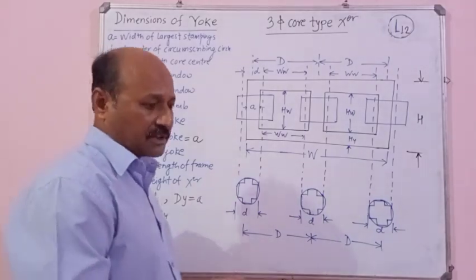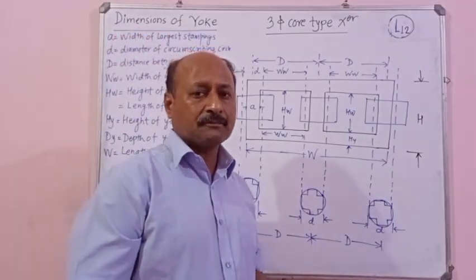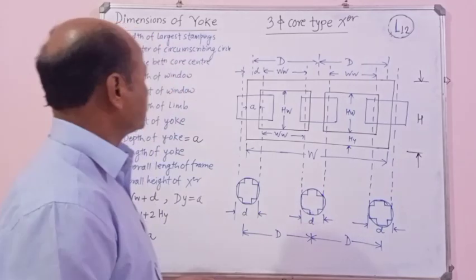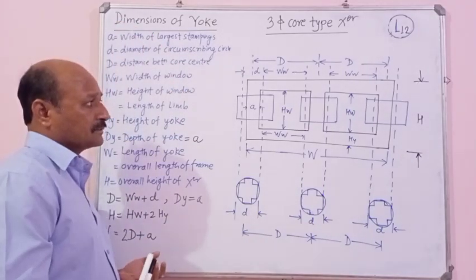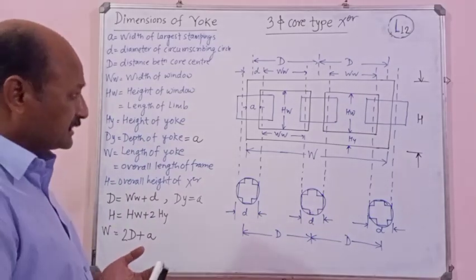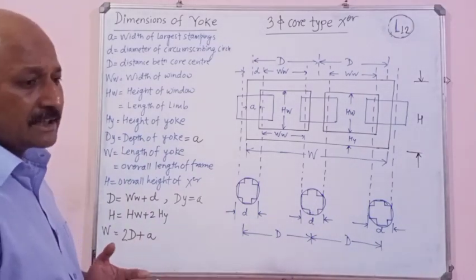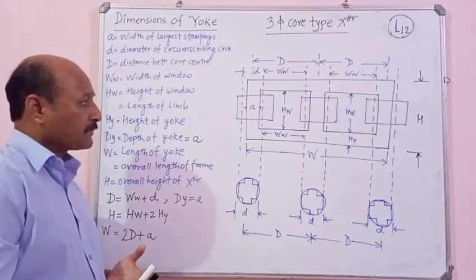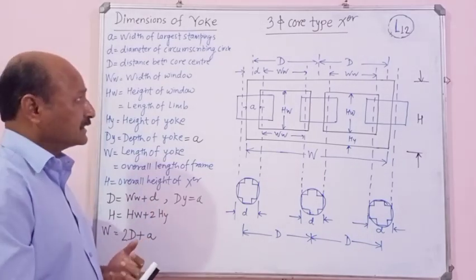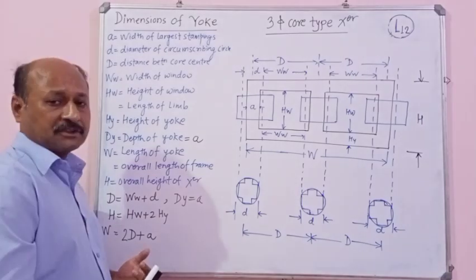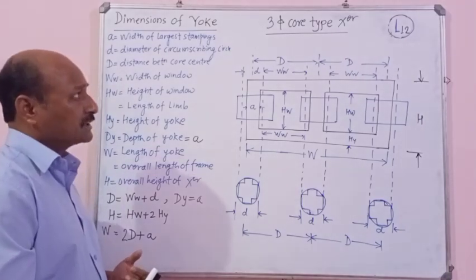First of all, we have seen the dimension of the core, and then we have seen the dimension of the yoke. So the overall design consists of the design of the dimension of the yoke and the design of the dimension of the core. By using these complete relations, the dimension of the yoke and the dimension of the core, we have to design the transformer.